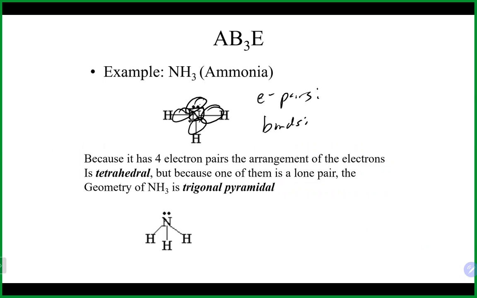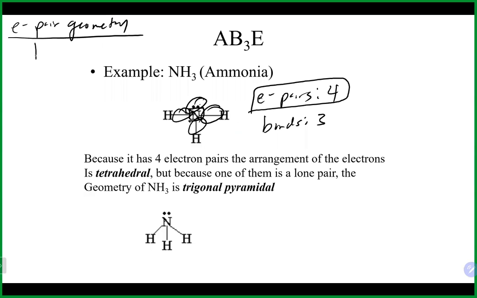Again, when you're counting electron pairs, it doesn't matter if they're dots, it doesn't matter if they're lines, you're counting everybody, and everybody counts as 1. Number of bonds is 3. So once again, something with 4 electron pairs we saw earlier, its electron pair geometry is tetrahedral.